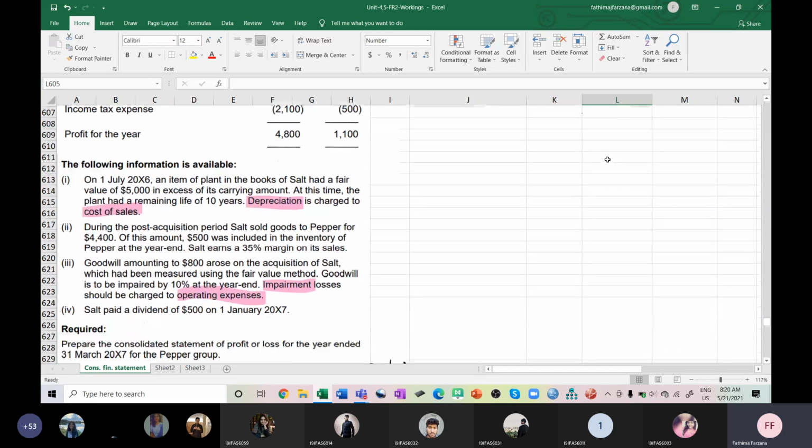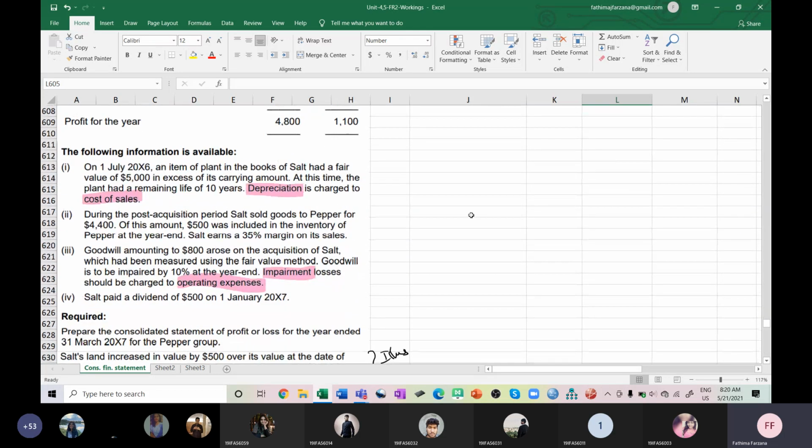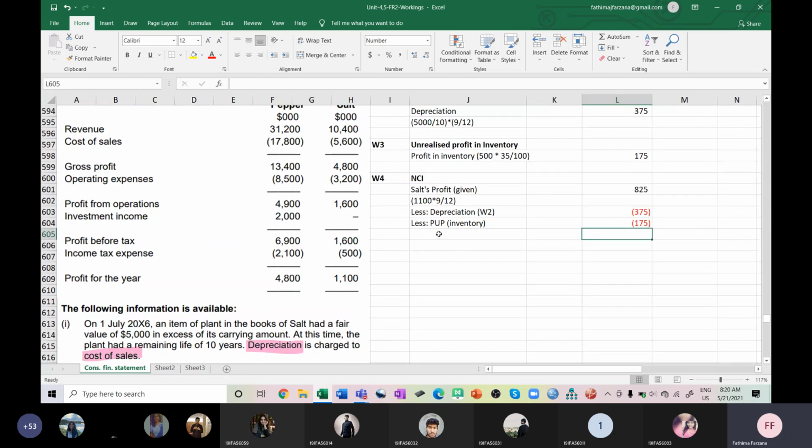These two adjustments we did, and I said this goodwill I'm not going to do; I'll straight away take it. Goodwill impairment is there. Impairment, so it's a loss.